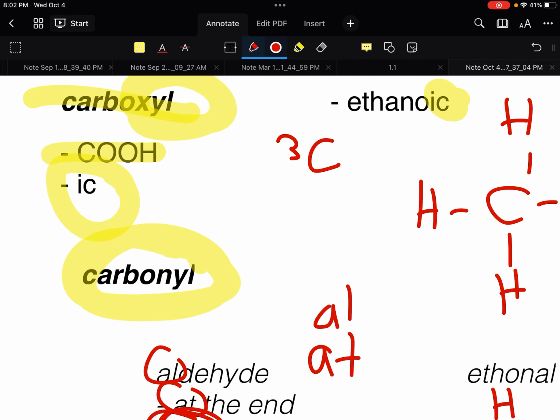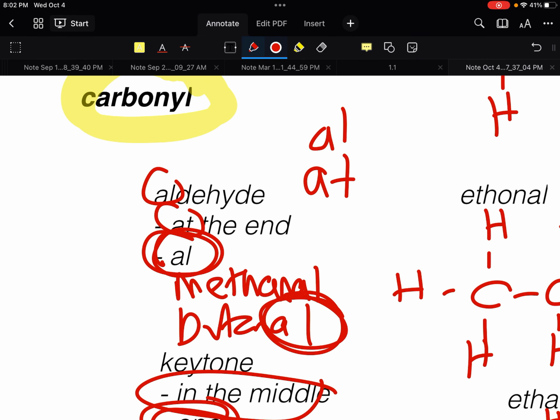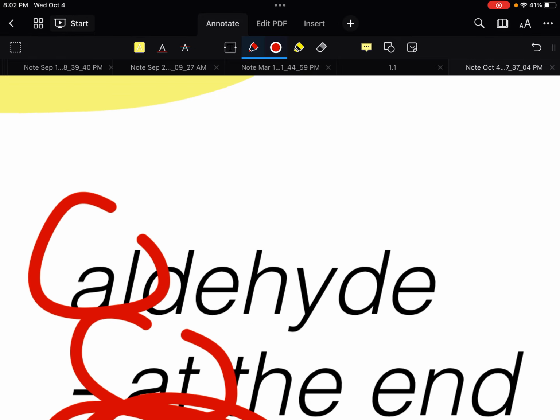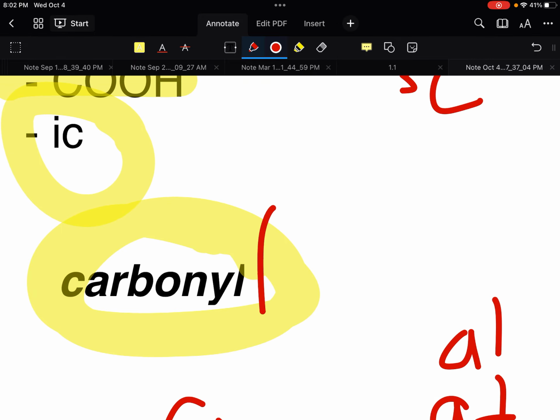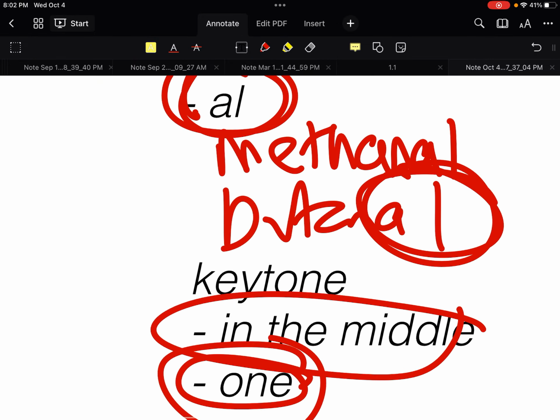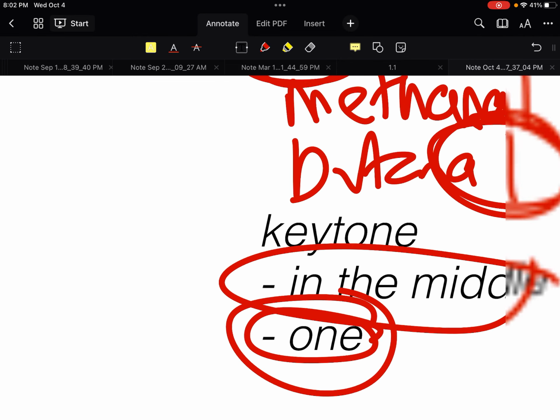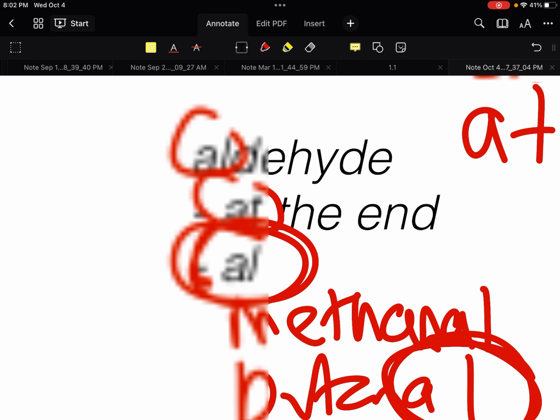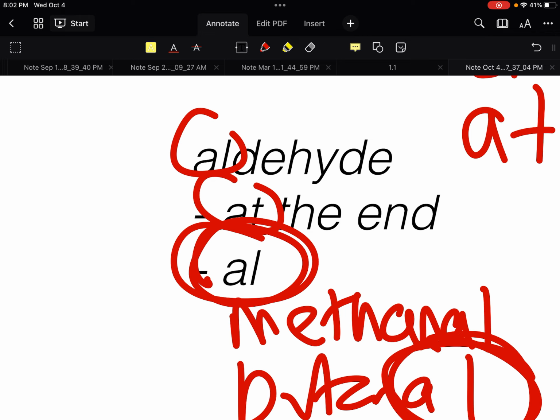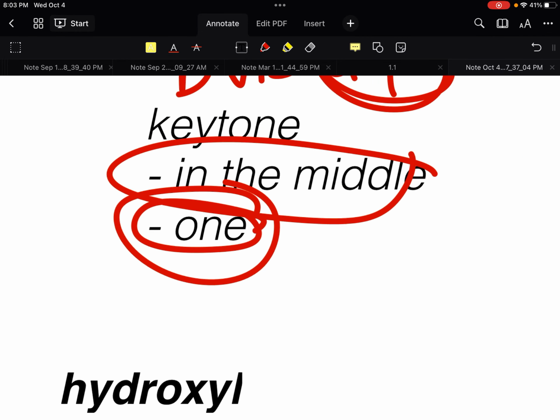Carboxyl, this is the first one, COOH. Carbonyl groups have two versions: aldehydes and ketones. Aldehydes have AL at the end, and ketones are in the middle.